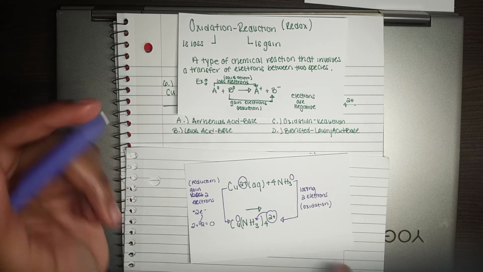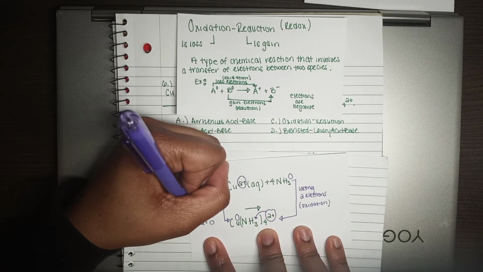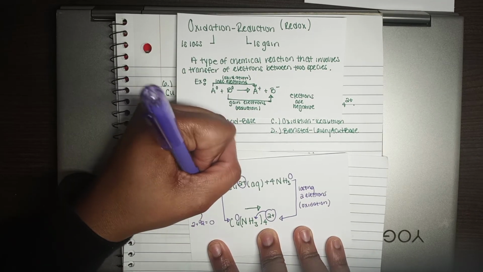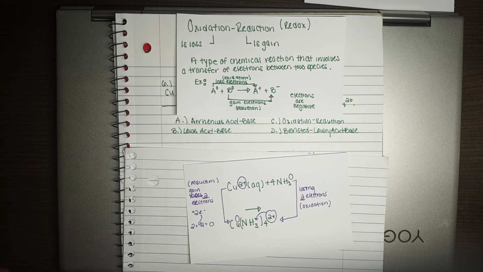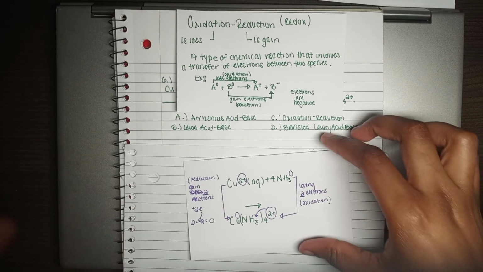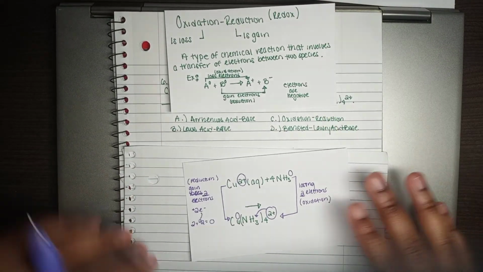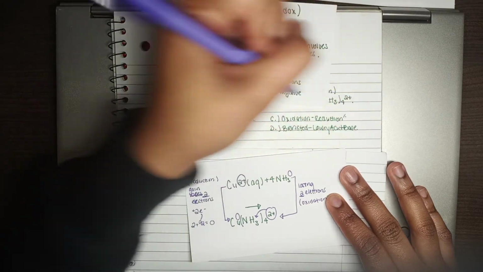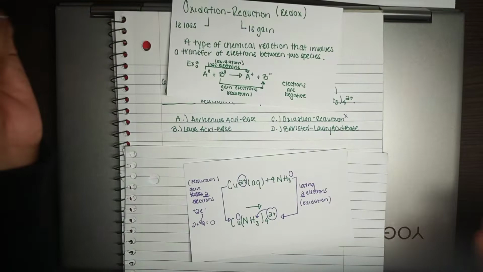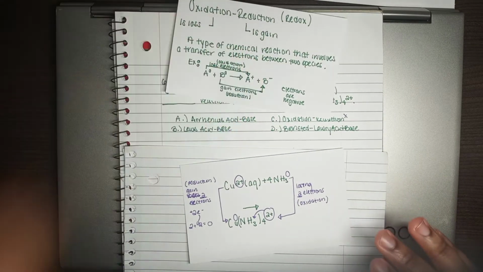However, notice that on both sides, 2 electrons are either being lost or gained, which means that the reaction is balanced because you're losing 2 and gaining 2 at the same time. So because of that, oxidation, answer choice C, is not correct. It would not be our answer.